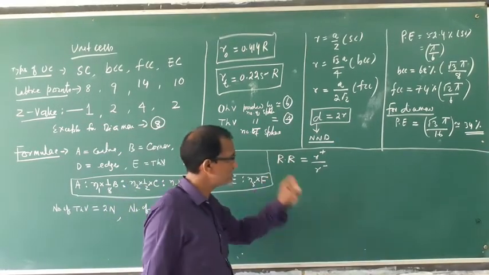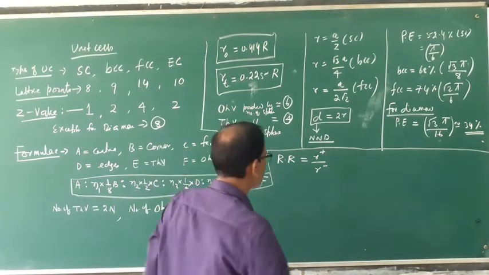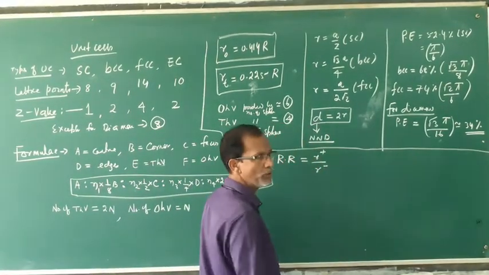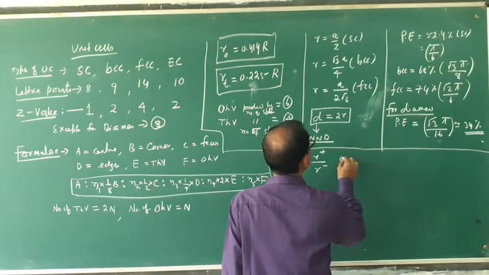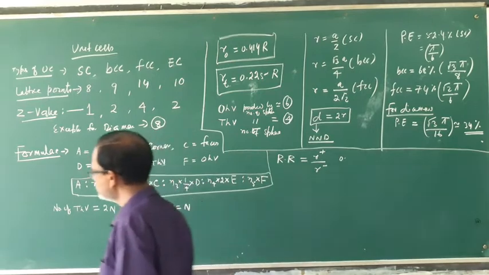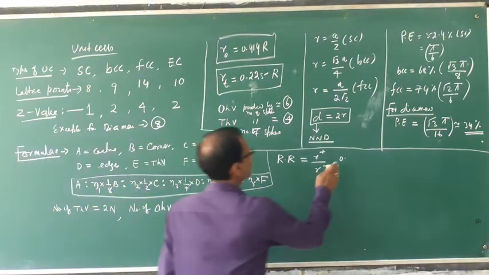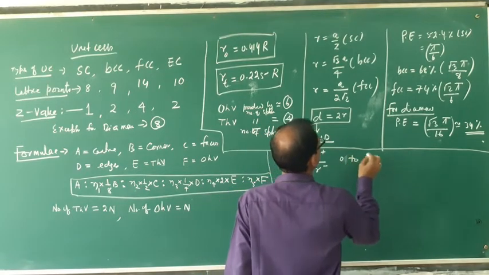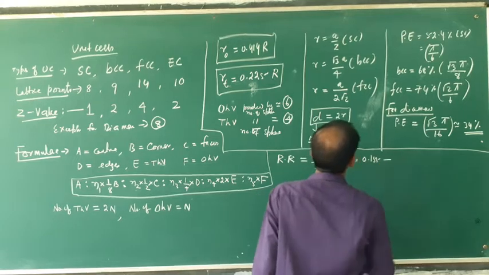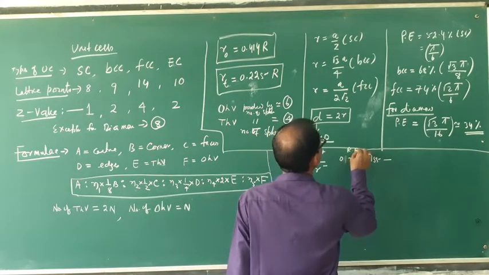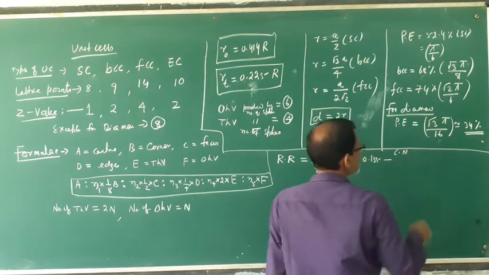And radius ratio is related to coordination number like this. There is one table. You have to remember this data. If radius ratio is 0 to 0.155, this is your radius ratio, this is your coordination number, this is your shape.